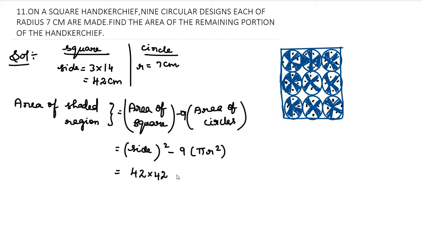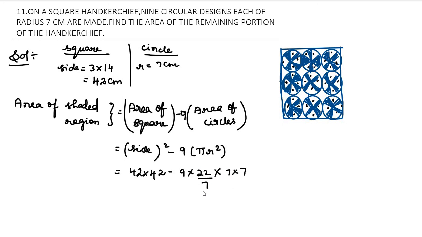Side square means side into side. 42 into 42 minus 9 into 3.14 into 7 into 7. So side square is 42 into 42 minus 9 into 22 by 7 into, what is our r square?